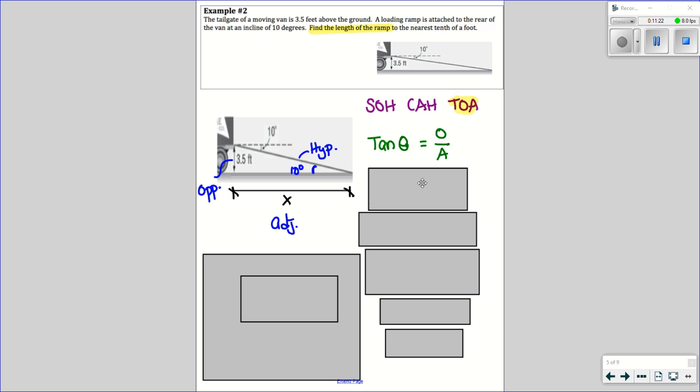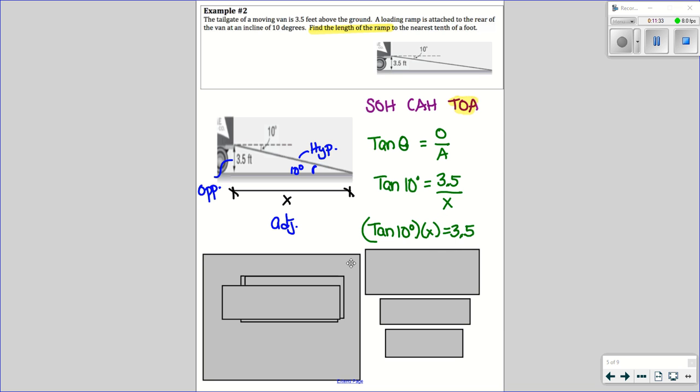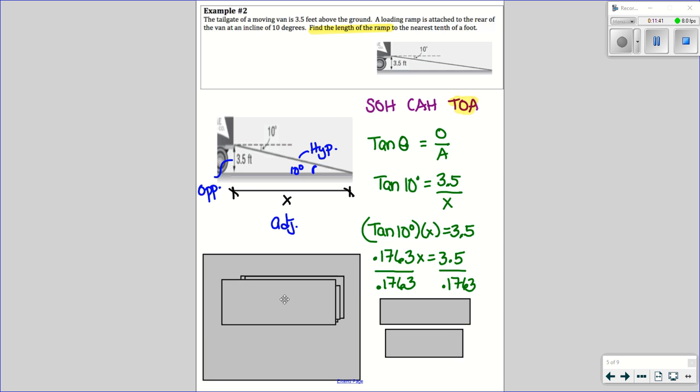We place all the information that they gave us. So tangent of 10 degrees represents the angle. Opposite is 3.5, and we're looking for the adjacent, which is going to be x. We cross multiply. Find the value of tangent 10. We're not doing the inverse. We're just pressing tangent on the calculator, and then 10. We're going to get 1.1763. We divide on both sides, and then we find x to be 19.8.